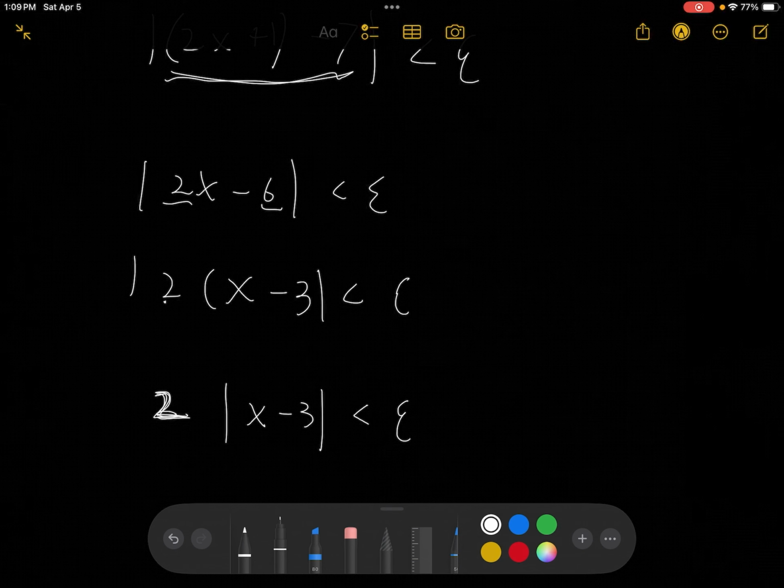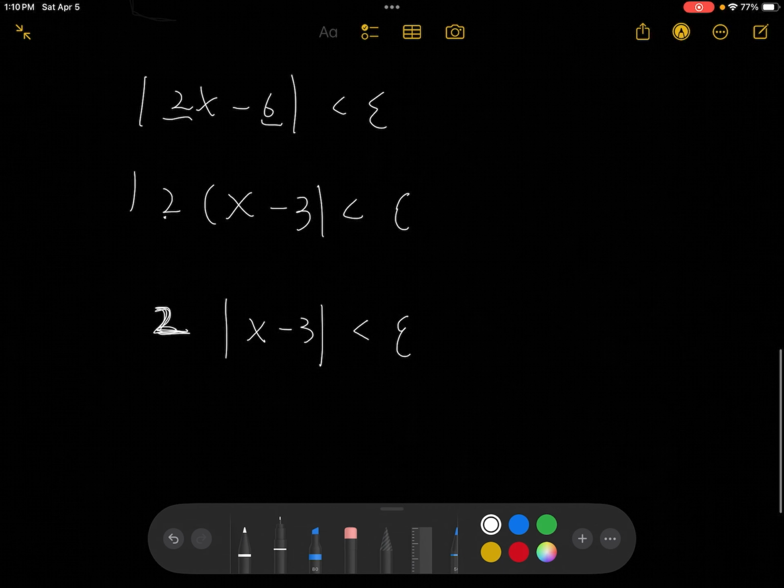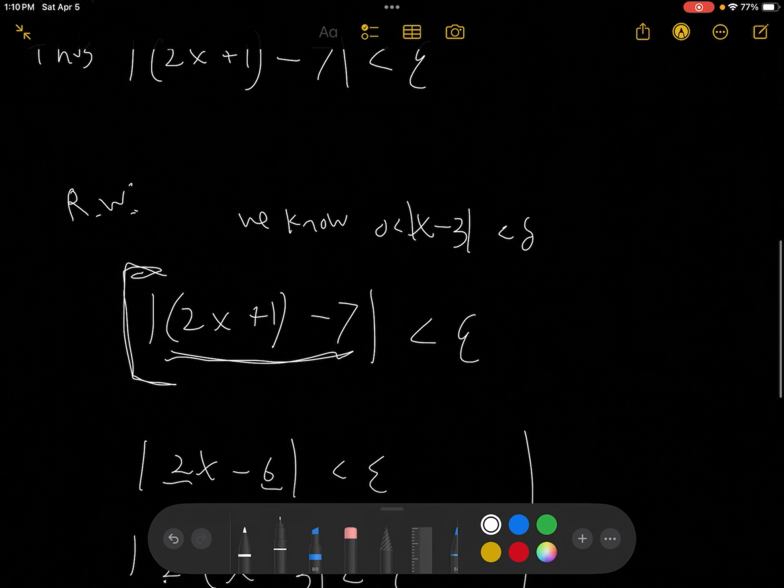So we now see that showing this right here is the same as showing this right here. And this is useful because this x minus 3 looks familiar. Earlier on in the proof, we're going to assume that this is less than delta.